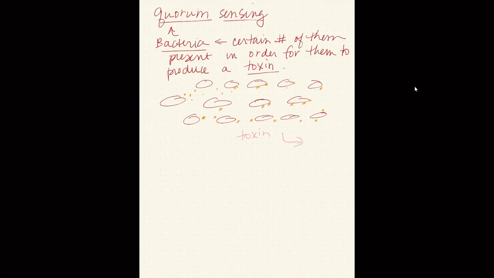They figured a whole bunch of this stuff out: what molecules it is, what the receptors are, and what genes control whether the molecule is produced. But what they found is you have to have so many of these orange molecules present in order for them to start making the toxin.